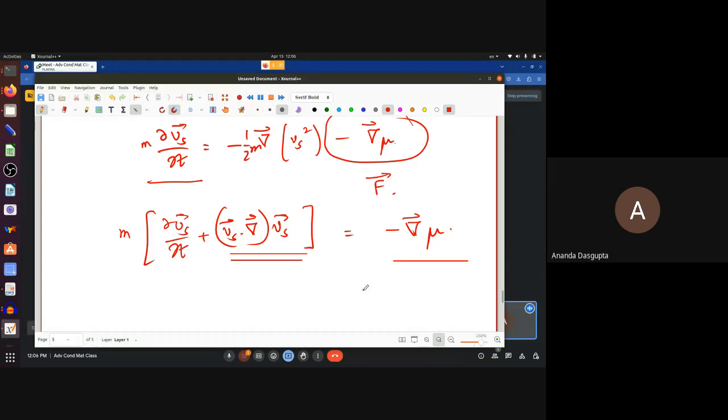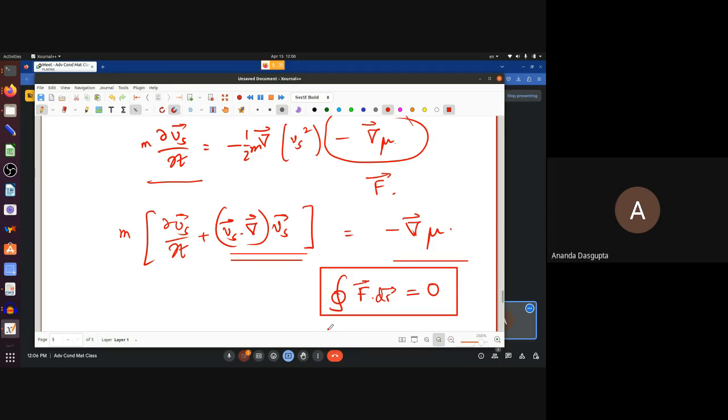If you took a loop and went all the way around the loop with the force, you would get zero. Because what you would get is minus d mu, and when you go around in a loop, you get the mu at the end minus the mu at the beginning, which is, of course, the same point. So you will get zero. Okay.